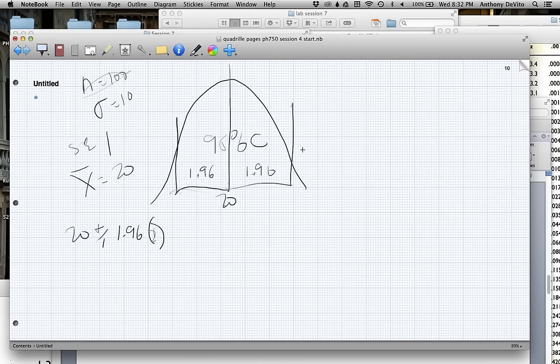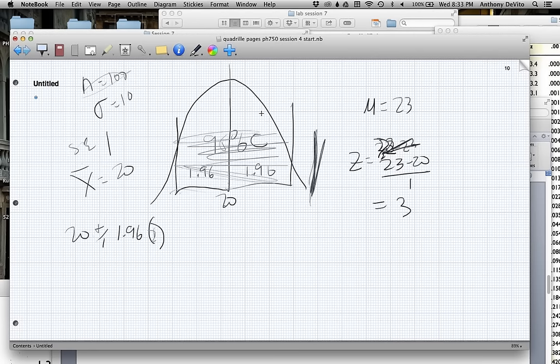Now, if I compare this to another population where the mean is equal to 23, what's the z-score of 23? The z-score is 23 minus 20 over the standard error, which is 1. The z-score is going to be 3. So where is that value? It's all the way out here. It's outside the confidence interval for what your mean for population number 1 was, based on the sample.